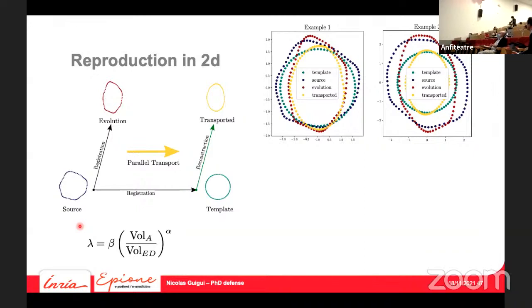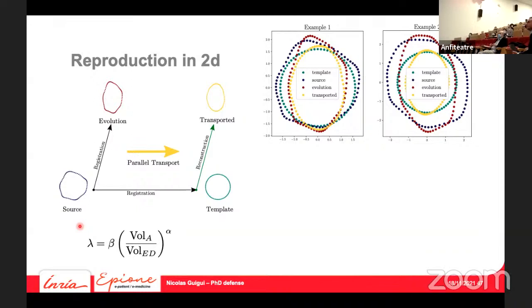So there are two dimensions of the deformations that we estimate. There's the temporal deformation, which of course shouldn't be geodesic, and there's the subject to atlas deformation, which is the one along which we transport.